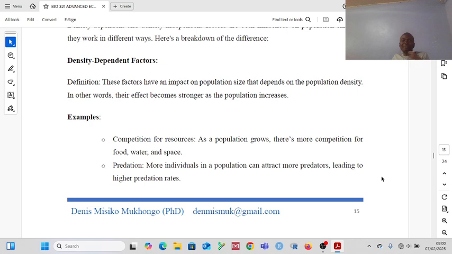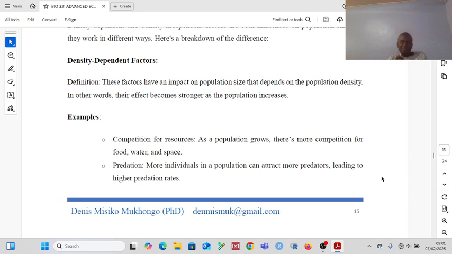So in other words, for these factors, their effect will become stronger as the population increases. So the effect of a density dependent factor increases as the population density increases. When does the population density increase? When the population size increases.